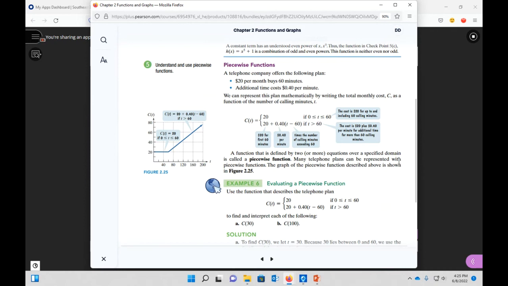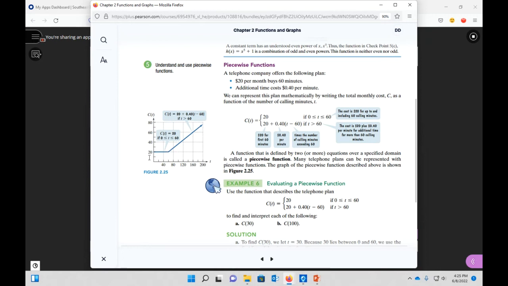Notice the images they have there. They're saying that there is some situation where over a certain set of values, and these are minutes and costs, you can see that for up to, it looks like 60 minutes, it's a horizontal line or a flat cost. But then after 60 minutes, in this example, you notice that the cost begins to go up.